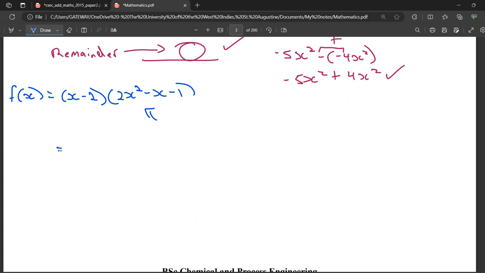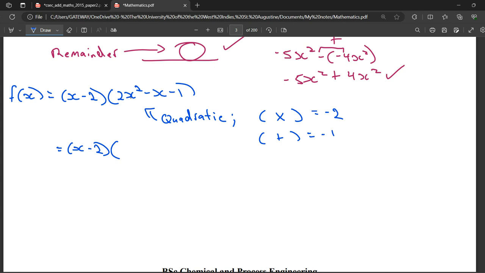So what I'm going to do, I write up the x minus 2, open my bracket. Now I look, well, basically factorize a quadratic here. This is a quadratic which you need to factorize. So look for two numbers which, when multiplied, will give you 2 times negative 1, which is negative 2, and when added, will give you the middle term, which is negative 1, which is really b.